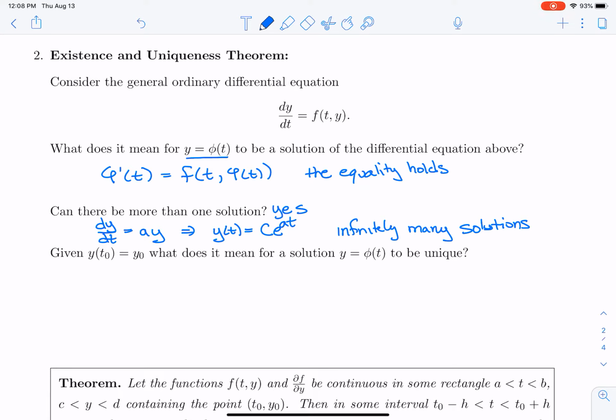So then when you're given that initial condition, what does it mean for a solution to be unique? What I want to know is whether, when given one initial condition, the solution will be unique. Will it be the only solution?